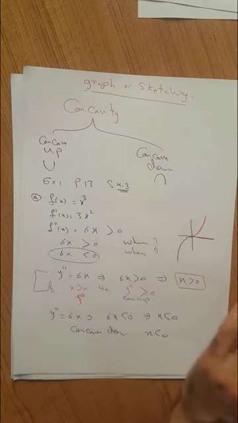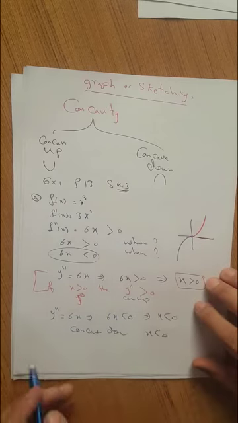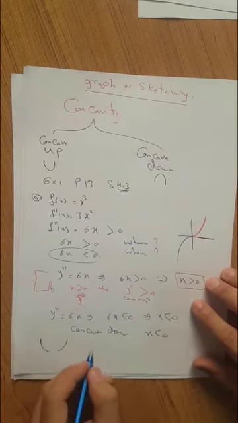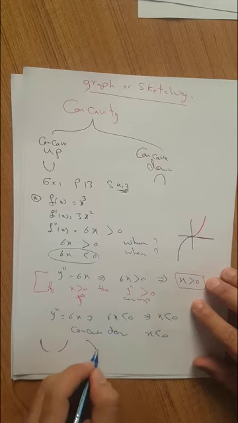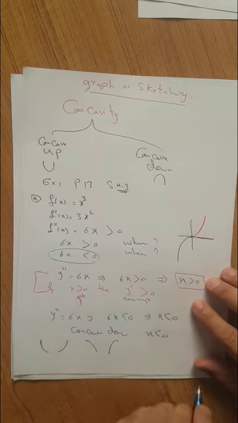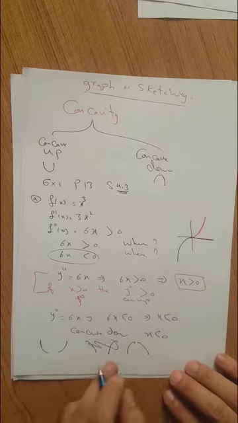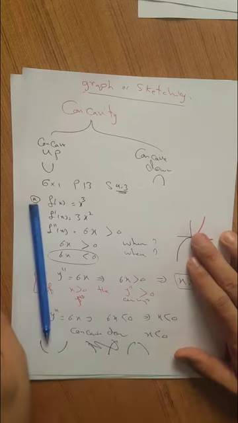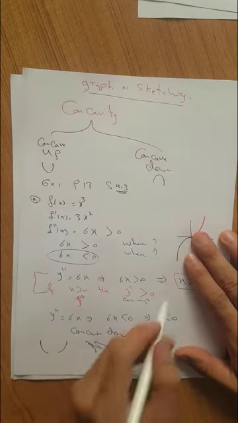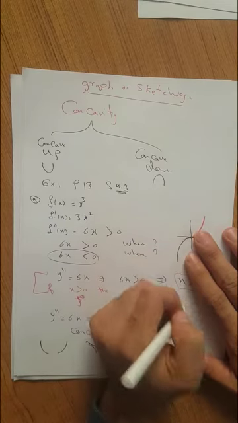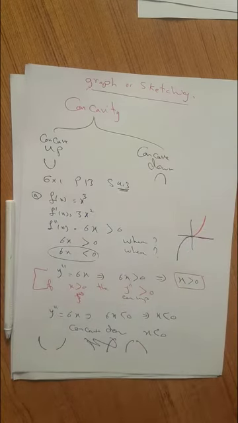Now to summarize: maybe concave up like that or like that, or concave down like that or like that. Which case of the curve should we select here? For example, if it's greater than 0, it is concave up, so we have it like that. That's all about the first example.